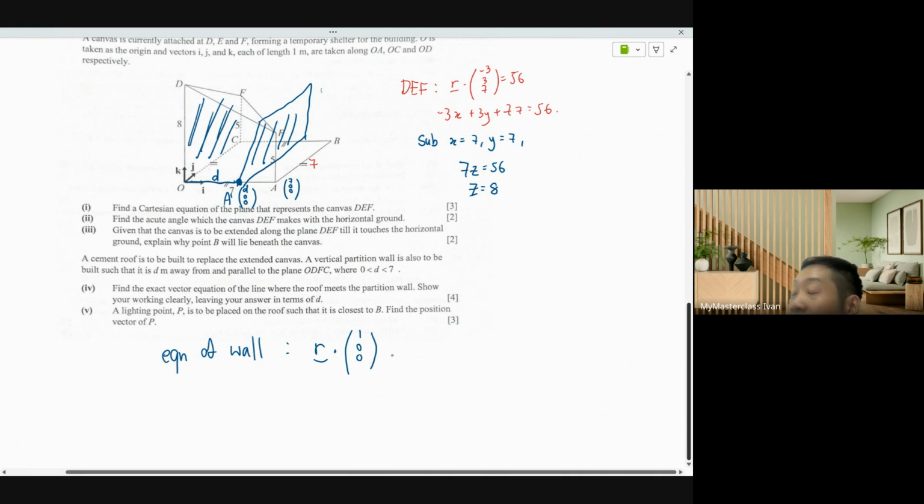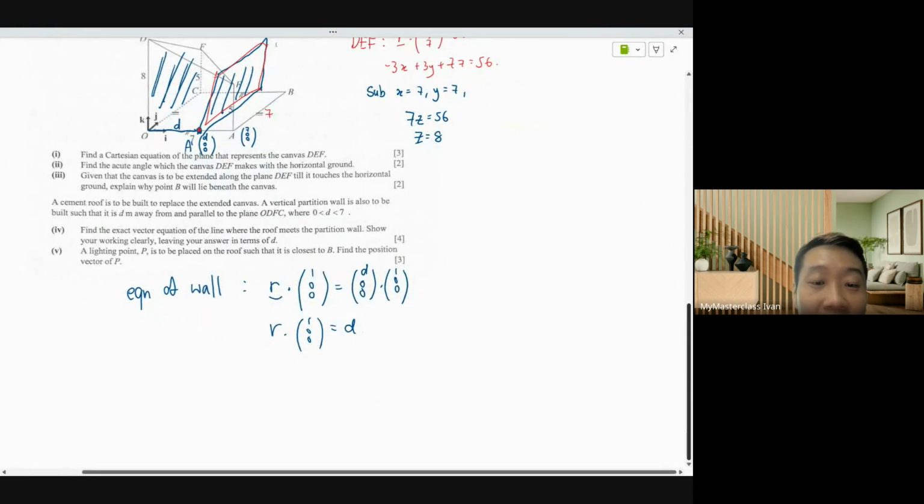Equals a dot n, where a is a point. Is it equal to 0? No, because this wall does not pass through the origin, but it passes through this point A prime. That's why you must determine A prime. A prime is (d, 0, 0) dot (1, 0, 0). So the equation of the wall is r dot (1, 0, 0) equals d.